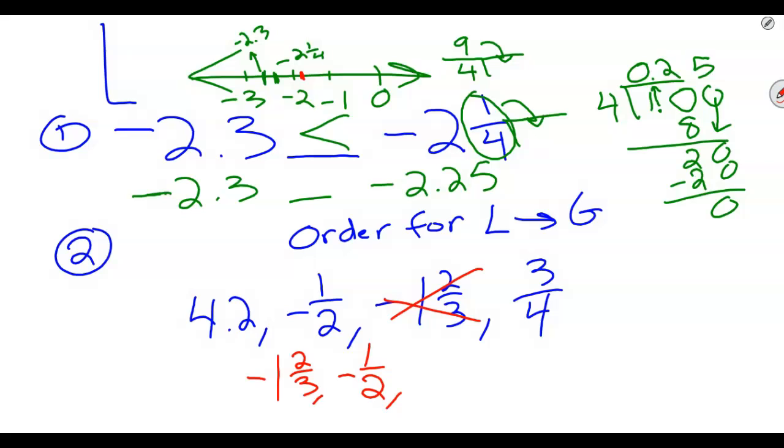Good, it's a negative, and the other numbers are both positive. We know that negative numbers are smaller than positive numbers. That's a quick way to do that. Okay, between what two whole numbers does -1/2 fall between? -1/2 falls between what two numbers? 0. Mark.